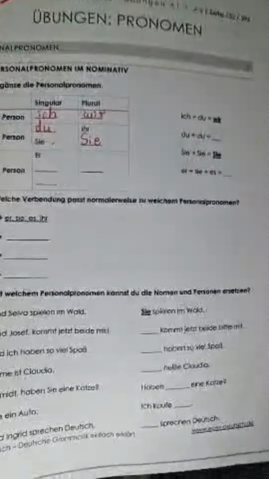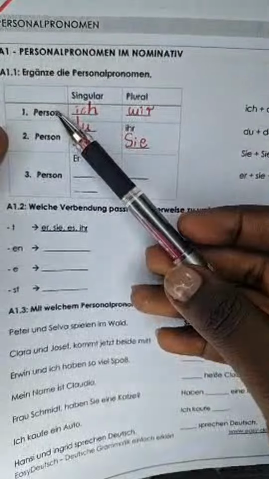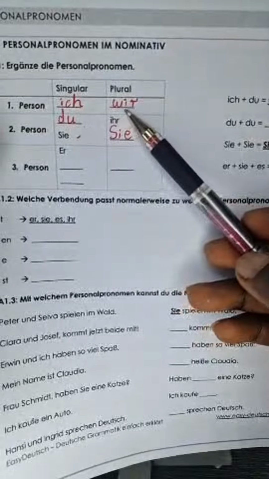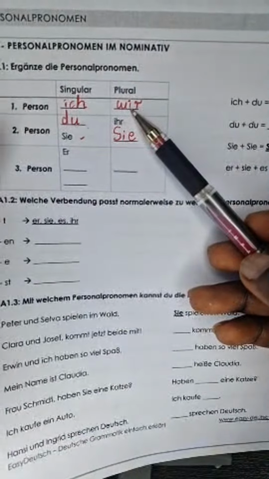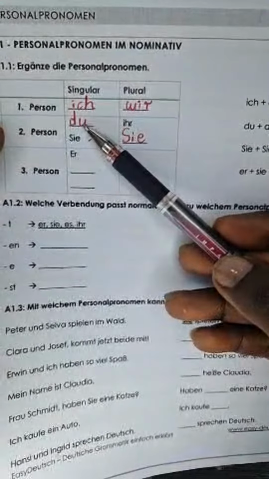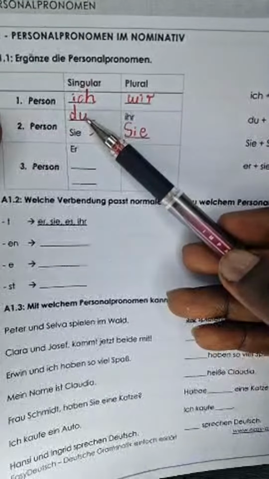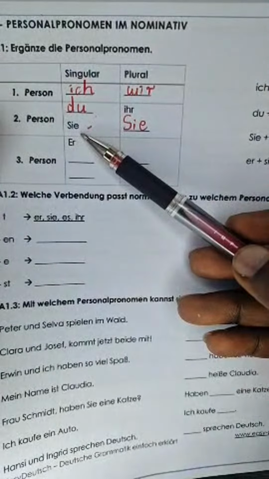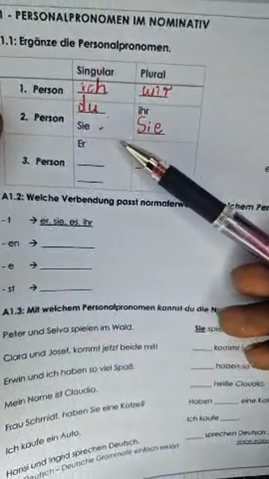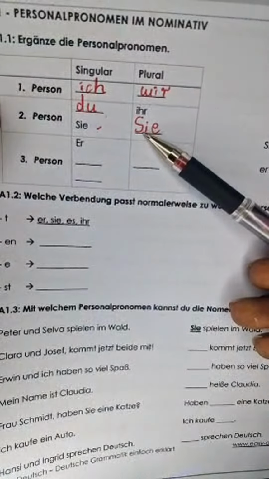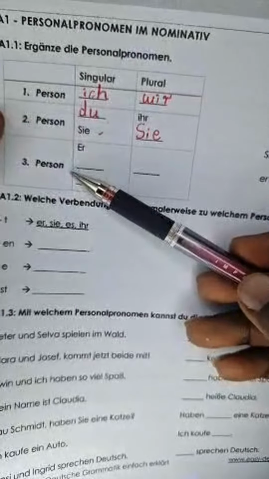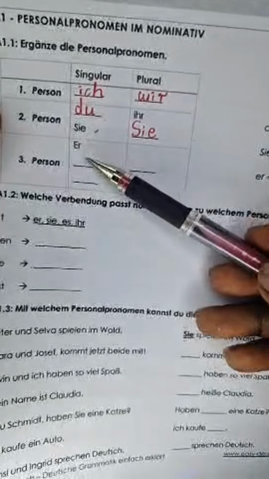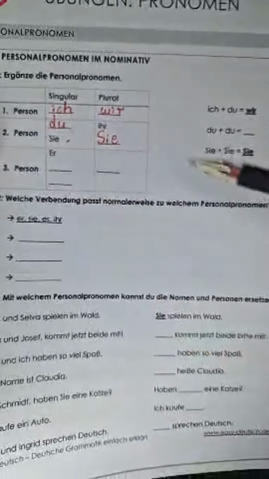Let's just check up until that point. So we've said first person, ich, plural, wir. All right. Second person, du, you, plural is ihr. Then there's this Sie formal, capital S-I-E, plural, Sie. All right. And then there's the third person, there are three, er, sie, and es, right?